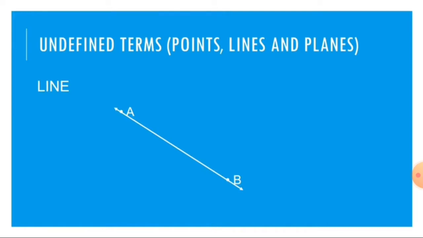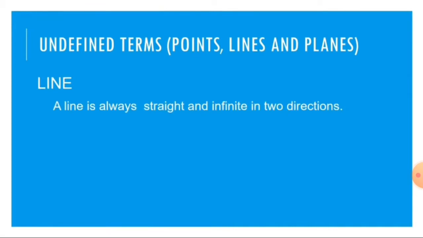Kapag pinag-uusapan naman ng line, ito naman yung kanyang description. A line is always a straight and infinite in 2 directions. Later on, we are going to have how we are going to represent that with that description later on. Okay, it contains infinite points, which is almost the same with the first description given.